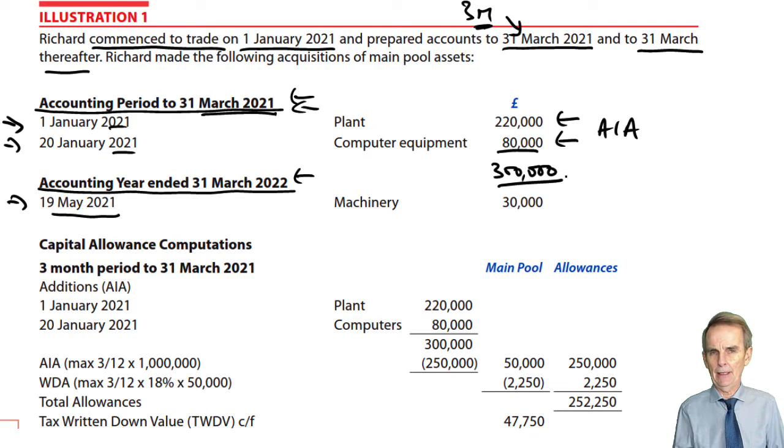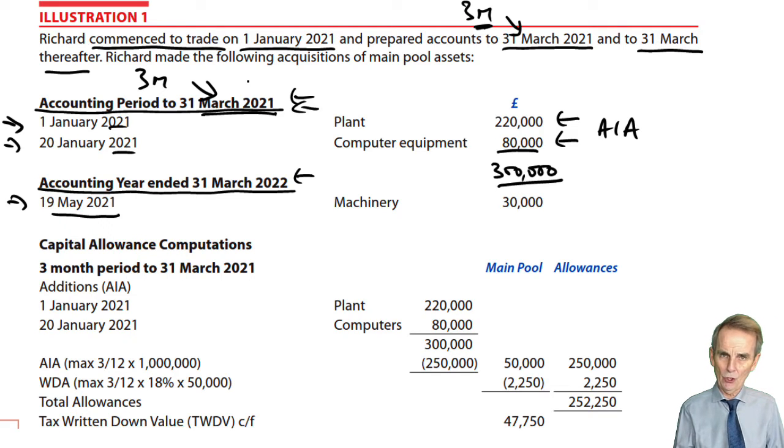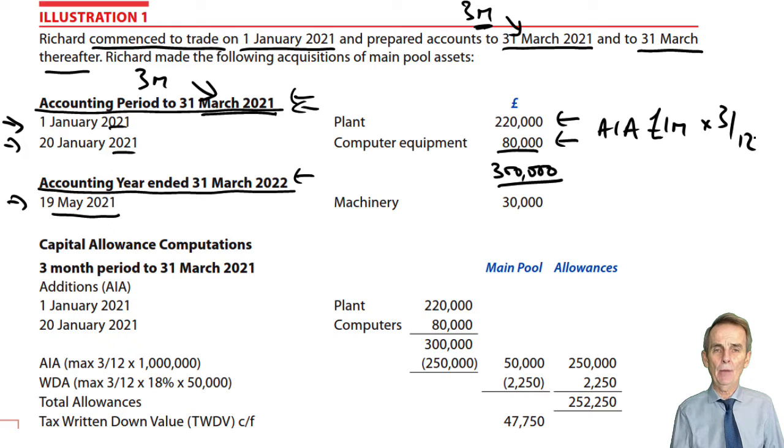But wait a minute, I hear you say. This accounting period is not a full year. It is only a 3-month period through to the 31st of March 21. Therefore, your AIA limit of 1 million has got to be time apportioned. That is 3/12, therefore, of the 1 million.